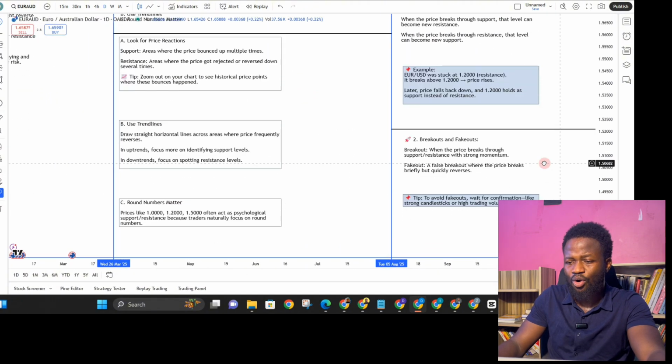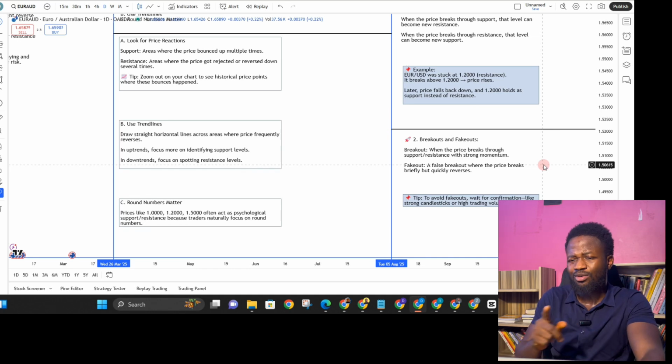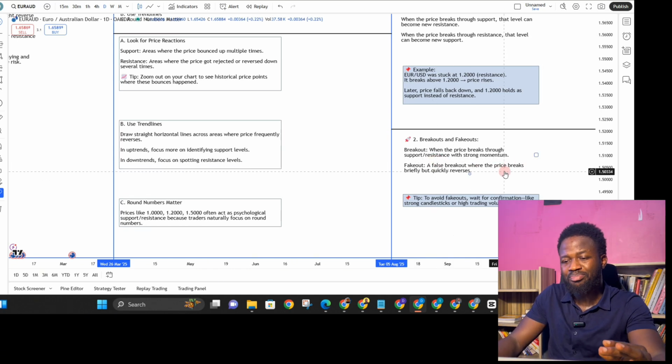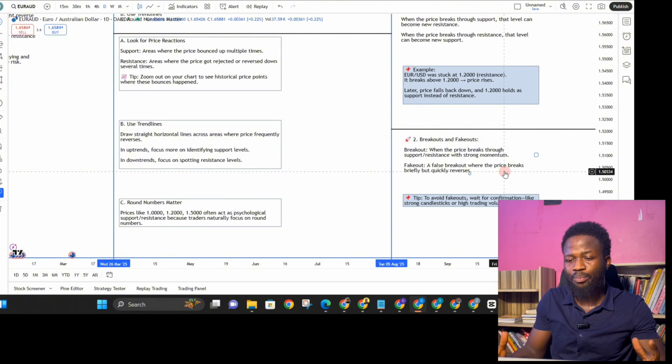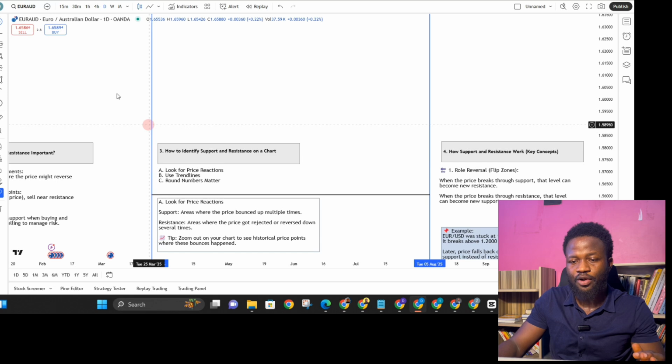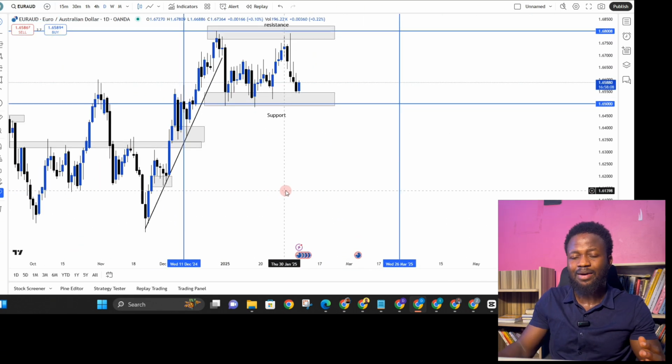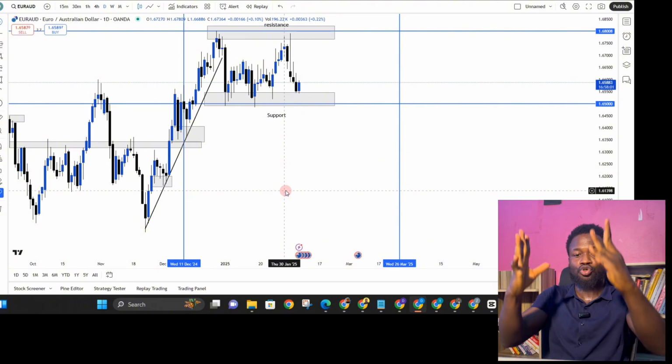So second one is breakout and fake out. I spoke about fake outs, was it 2 lessons ago? So breakout, when the price breaks through support or resistance with strong momentum. So for example, what do you mean by strong momentum? When there is a succession of the same type of candle, right? Usually that might mean a strong momentum.